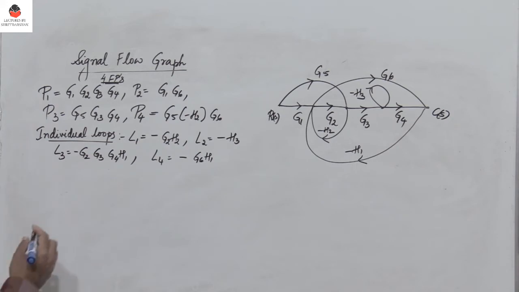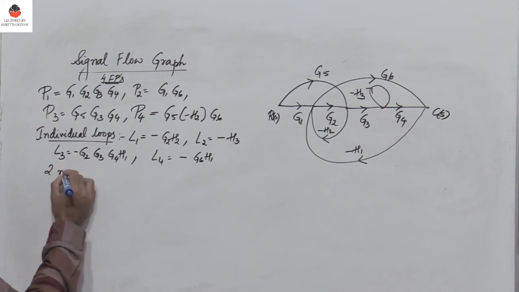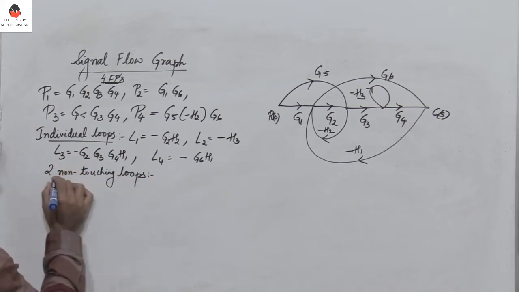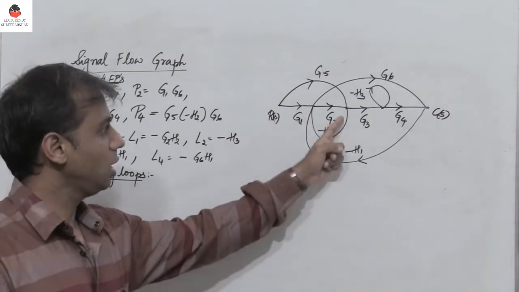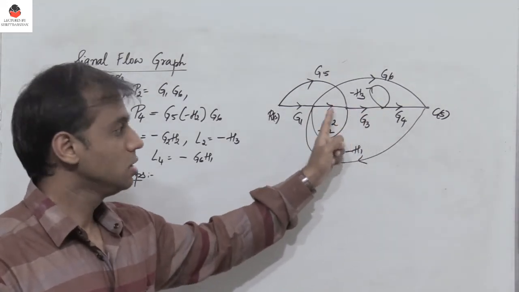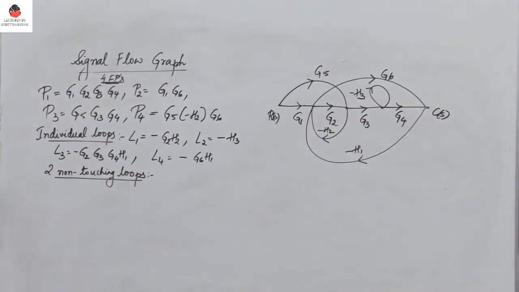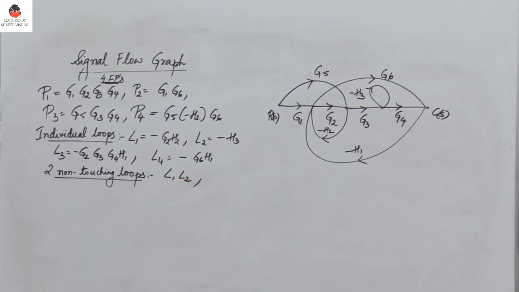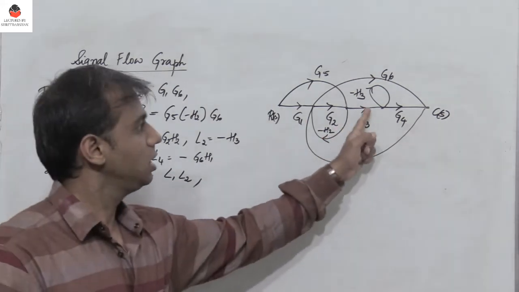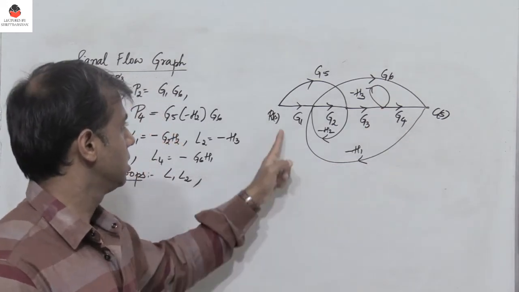We need to find the 2 non-touching loops. How many loops are non-touching? First of all, I find that this is L1 and this is L2. These 2 are definitely non-touching. So I have L1, L2. This is one non-touching loop. Is there any other loop which is non-touching? Of course, I have L3 here, and this is L4.